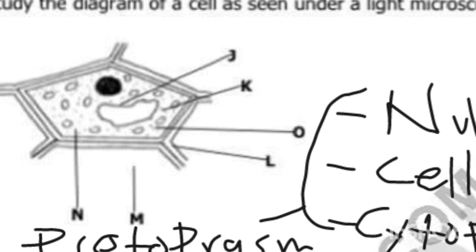We have N, which is the cytoplasm, and the cell membrane. We can see the diagram, the whole part of this diagram, it includes the neighboring cells. Okay, so we can see L, it is pointing to the cell membrane of the neighboring cell.